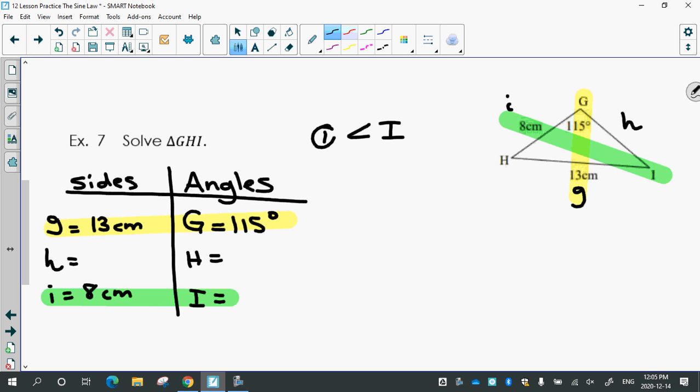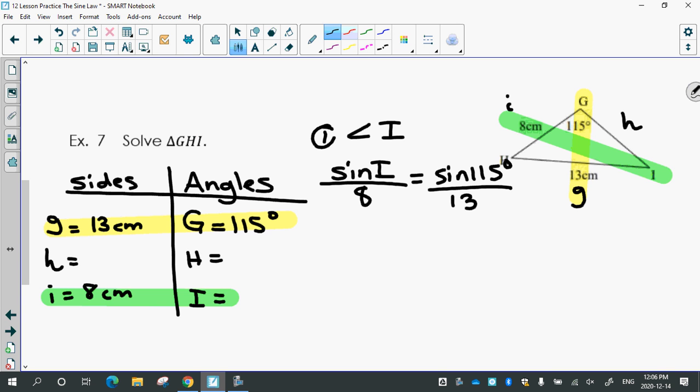So that means I'm going to start off with the sine of angle I divided by 8 equals angles on top, so sine of 115 degrees over 13.